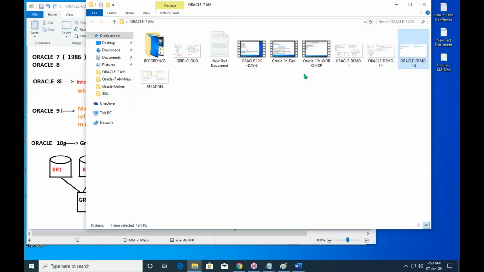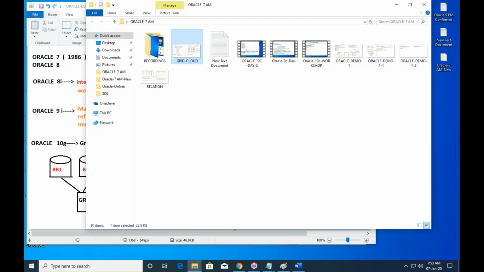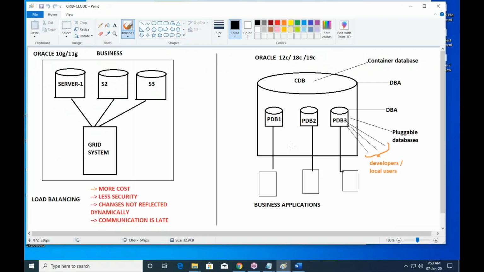So let me explain about Oracle here. The difference between all previous versions and cloud database. This is the difference. Listen guys, I am giving the difference between Oracle 10G or 11G, this is grid database, and this is a cloud database. The database is cloud.